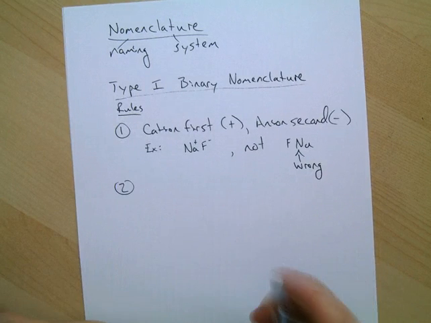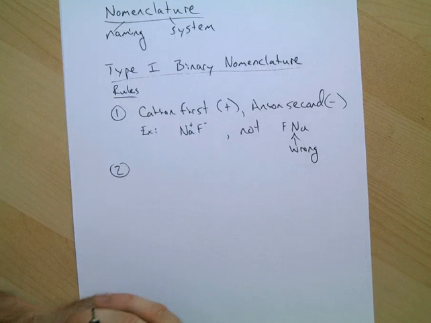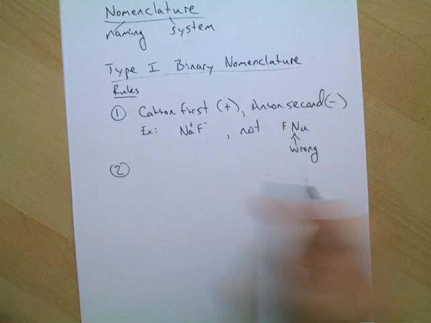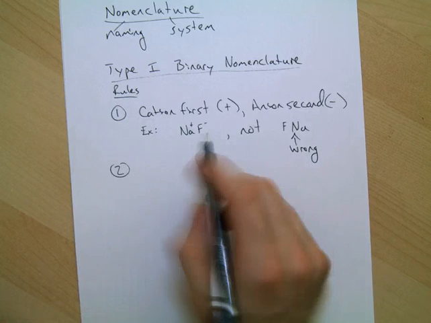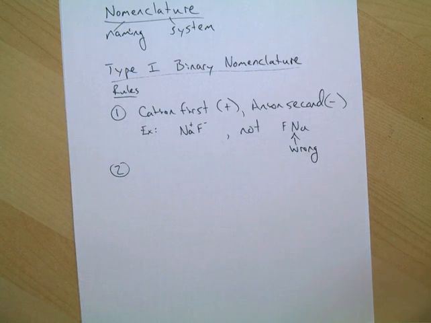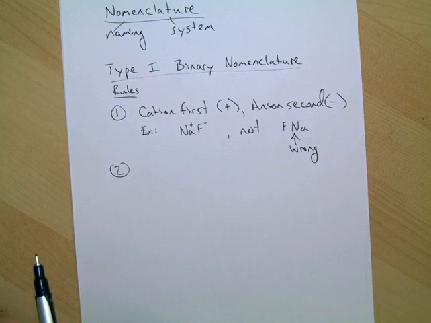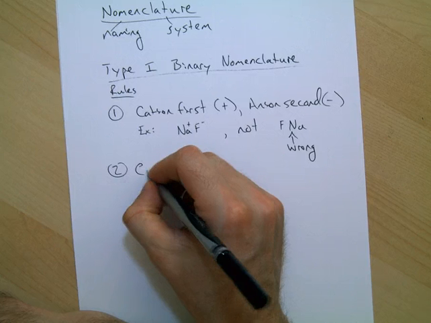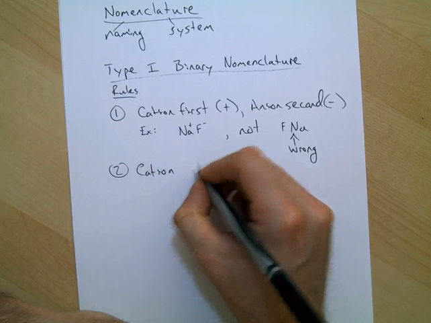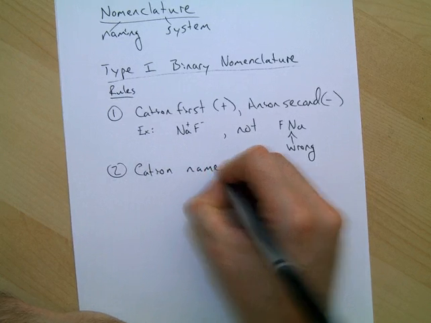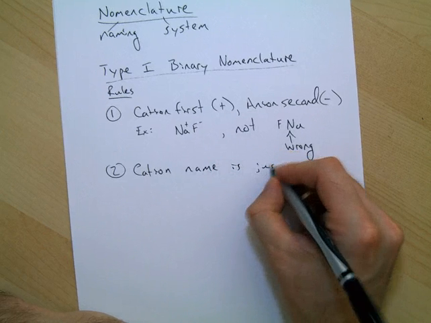Rule number 2. This one's a bit simple. It's simply that when you're using the name, and I've already shown you up here, for the positive one, you just leave the name exactly the same, which is sodium. And then the second one, the anion, you change the name fluorine to fluoride. So we're going to say that the cation name is just the root.